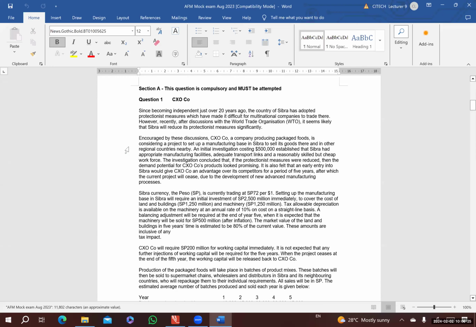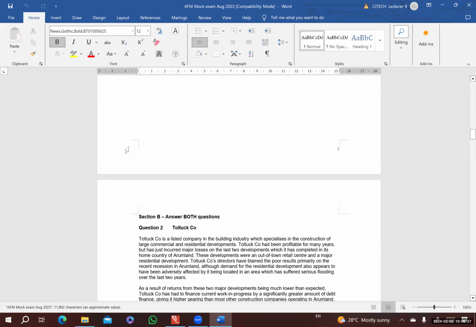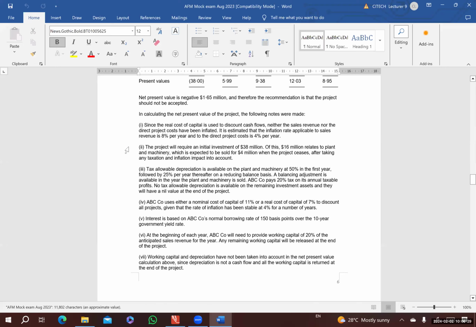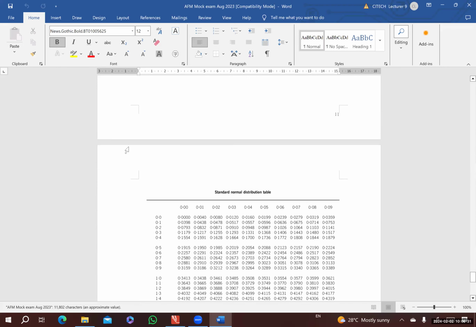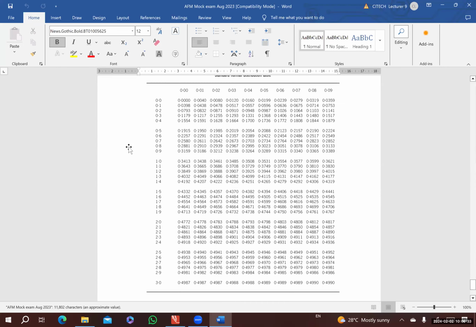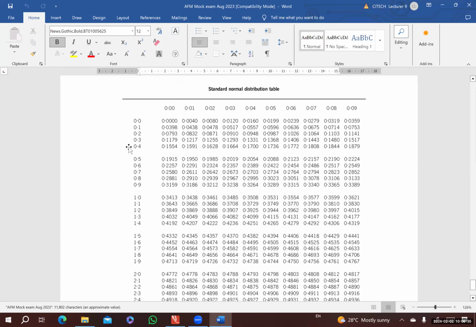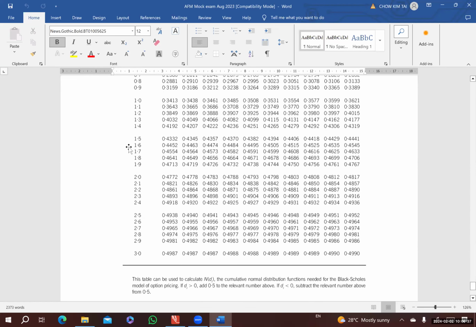A normal distribution table. You will get exactly the same as this in the exam.